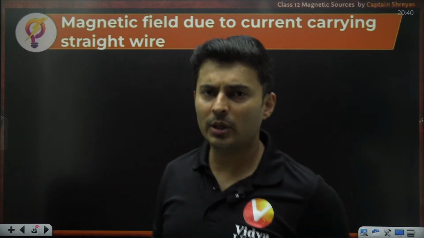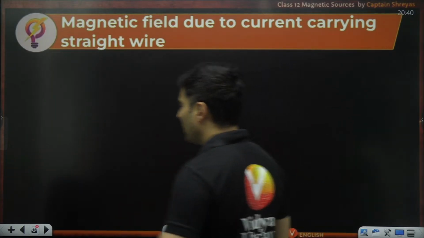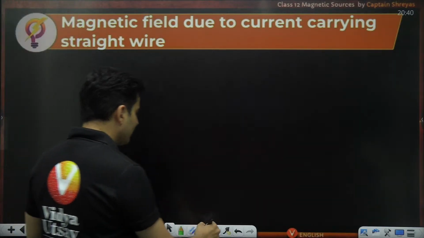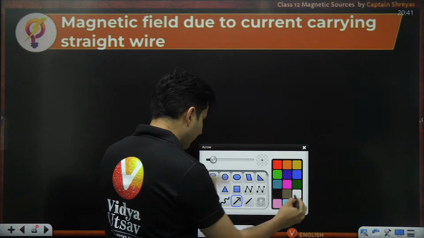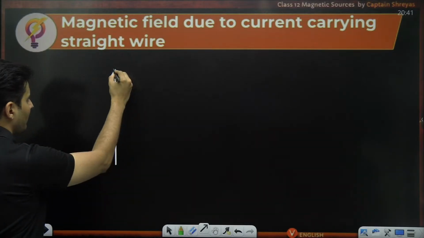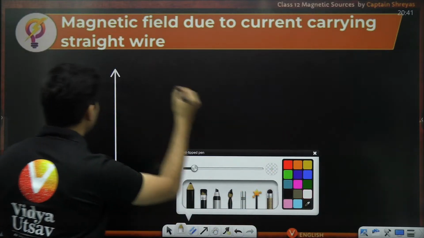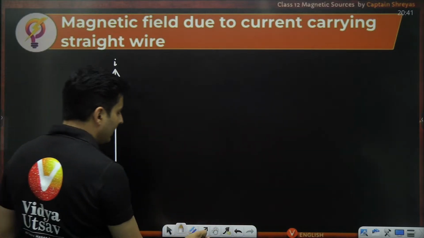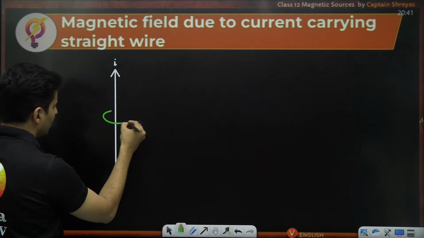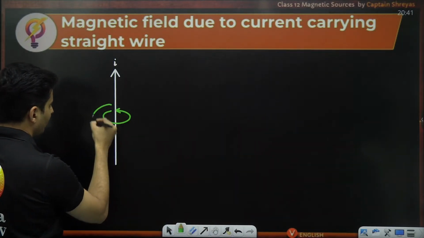So let's talk about a straight wire. Magnetic field due to a straight wire. Imagine we have a wire which carries current like this. Then the magnetic field will be around it in this particular manner, like this.